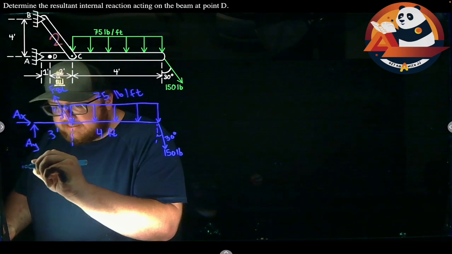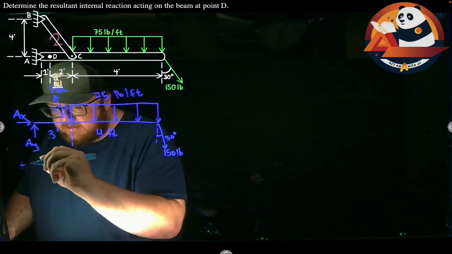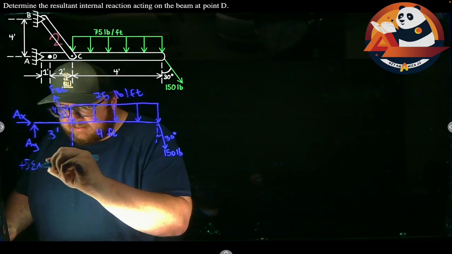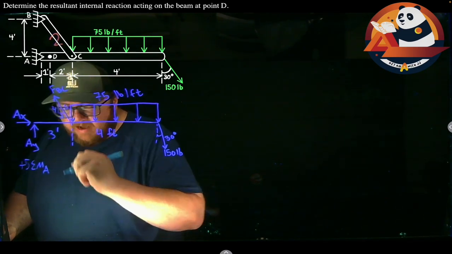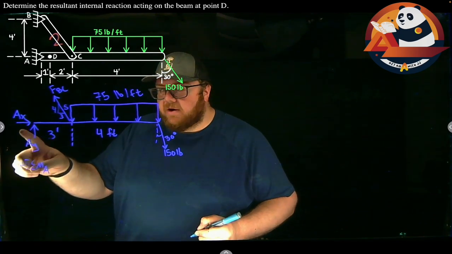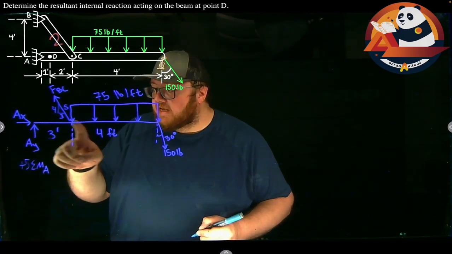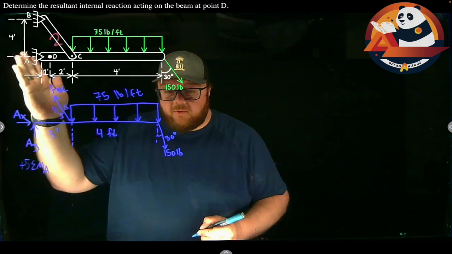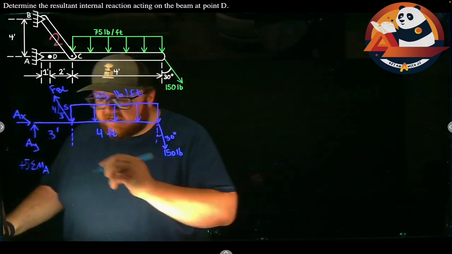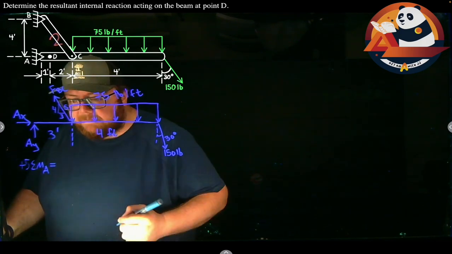So with positive going counterclockwise, let's come in and sum up our moments about point A. That should get me AX and AY disappear. FBC's X component won't cause any moment, but that Y component will. It's going to cause a counterclockwise rotation, so we'll add this in as a positive.